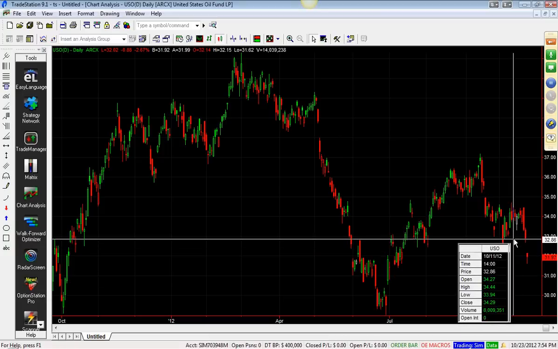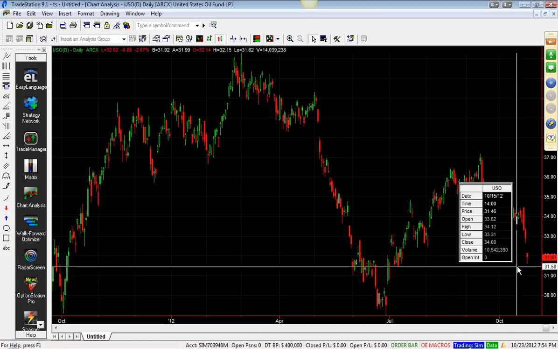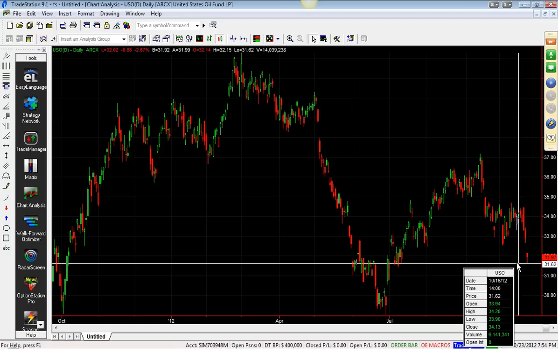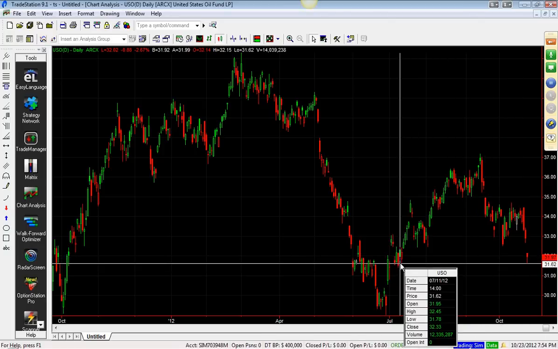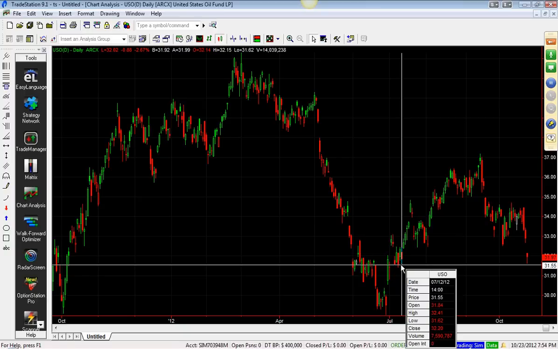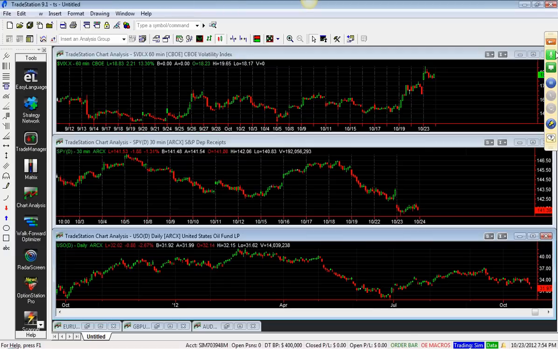Here's where it closed yesterday at 32.80, and we closed today at 32. All right, we were down as low as 31.60. We were as low as we've been in oil going back to July of this summer. All right, that's when the markets were just starting to recover. So where are you looking at swing support, swing resistance here in the USO oil prices, basically? Maybe you're waiting for it to come down a little bit lower, but use those relationships together.